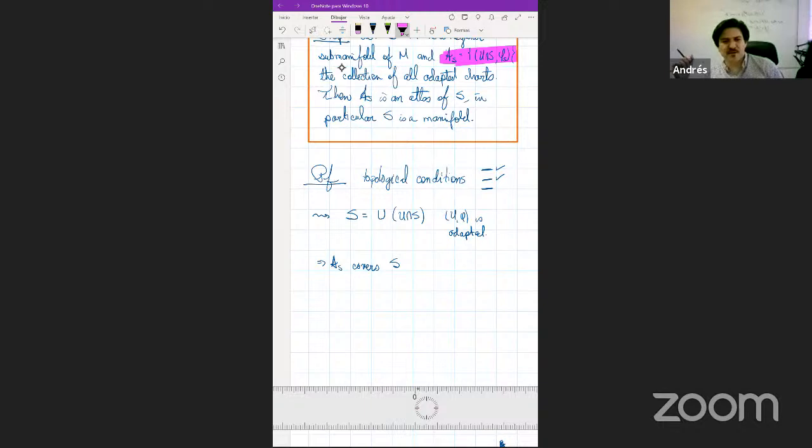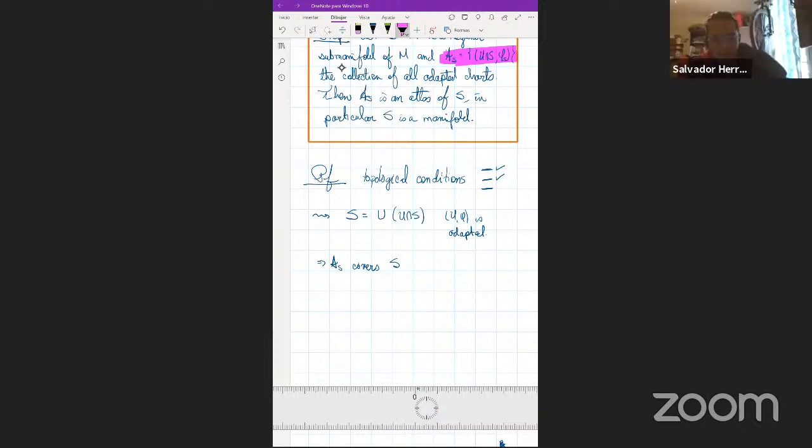What is the other condition of the atlas that we must verify? They are compatible. Right. So we need to check that if they intersect, we have a C infinity map, right?